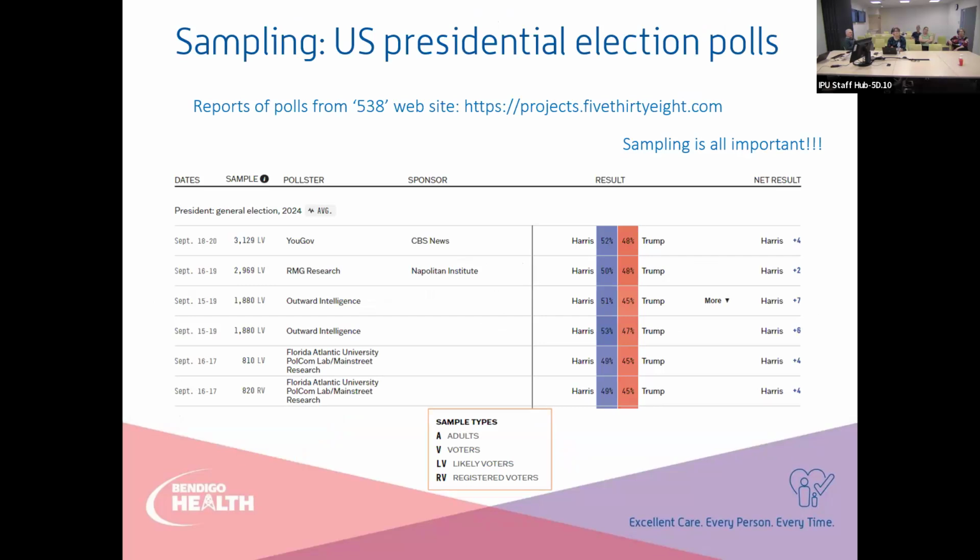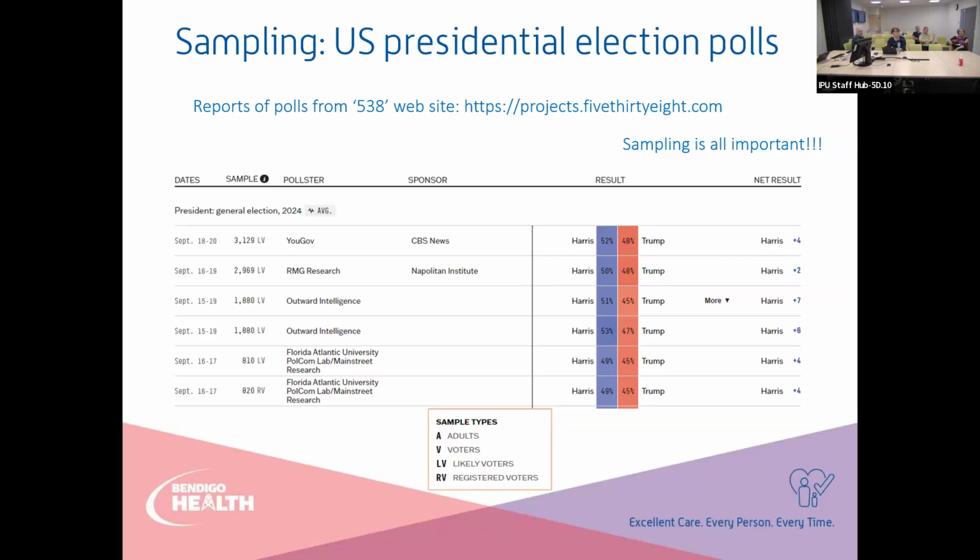That slide there is a screenshot from the 538 website that tracks multiple polls throughout the USA and summarises them and averages polls to get averages. So it's an average of averages. And they try and estimate which way people are voting over time.